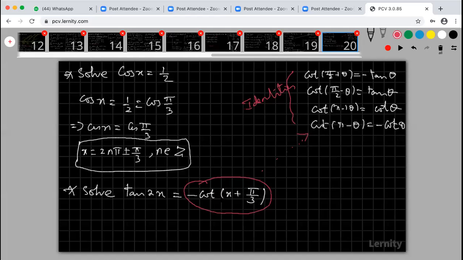But for cot of x plus pi by 3, it is not possible, because with pi by 2 we can change it to tan, and with pi we can keep it as the cot function with a plus or minus sign. But with pi by 3 there is no identity. So then what to do?